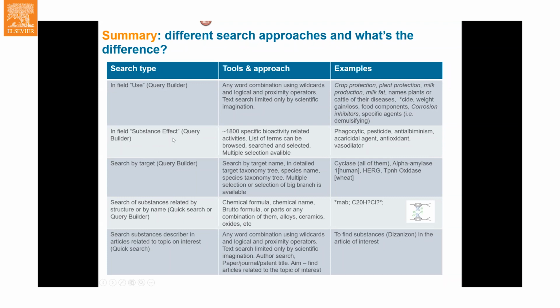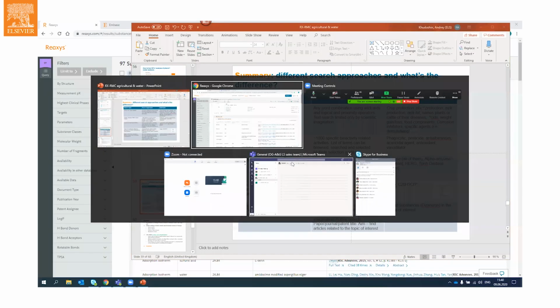You can leverage the substance effect search field in the query builder, and it covers around 2,000 different specific bioactivities. You can select from the list or try to type it, like phagocytic, vasodilator, antioxidant, etc. You can search by specific biological target, again using the query builder, and you can search by both specific name or even target taxonomy.